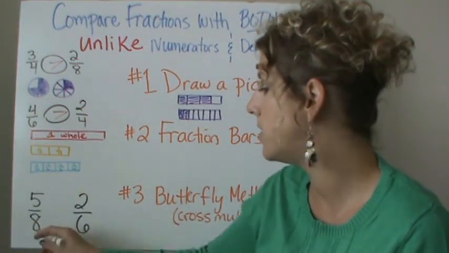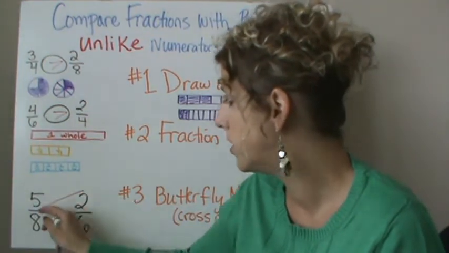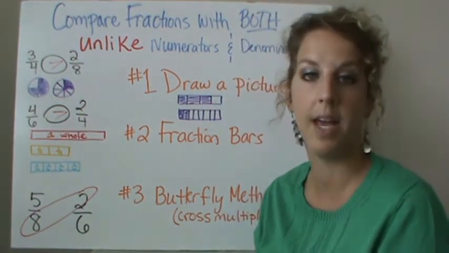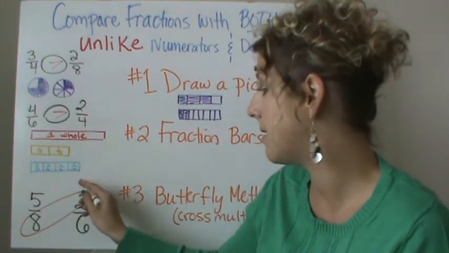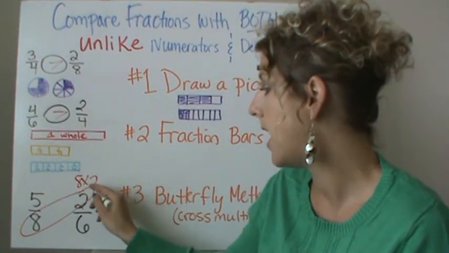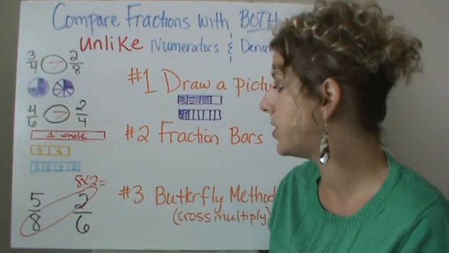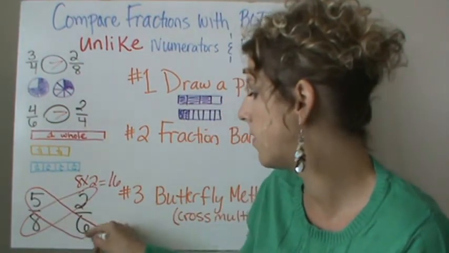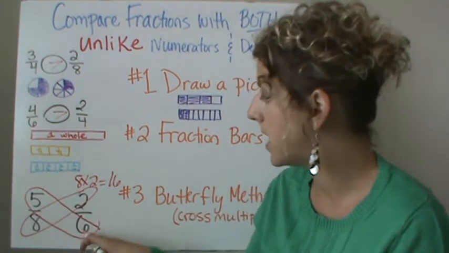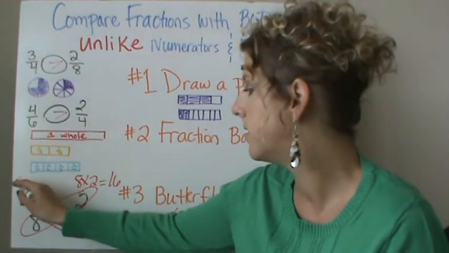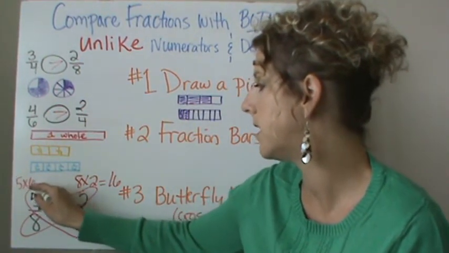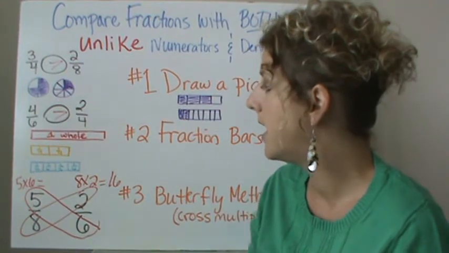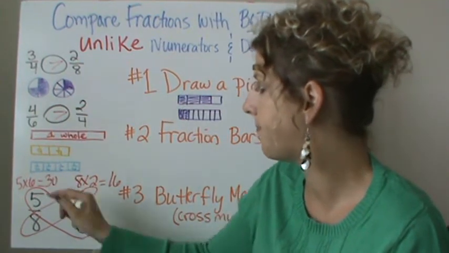The first thing you want to do is cross over. So you draw your first butterfly wing, and that would be 8 times 2. You scooped up 8 and a 2. 8 times 2 is 16. Then you cross over, and you scooped up the 6 and the 5. So 5 times 6 equals, and we know that that's 30.